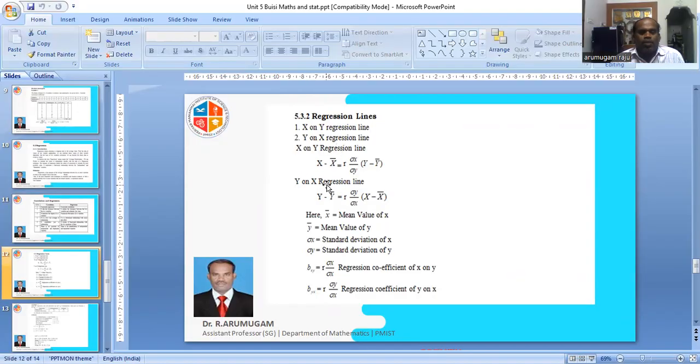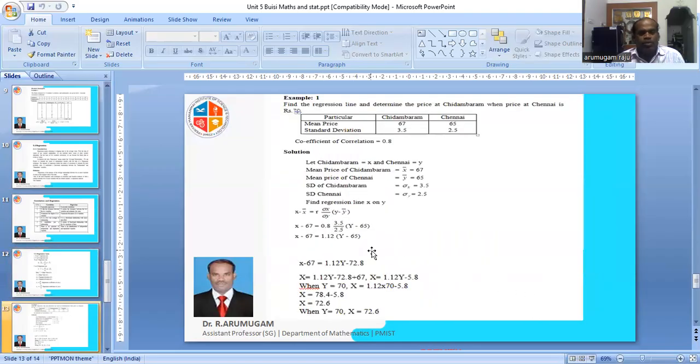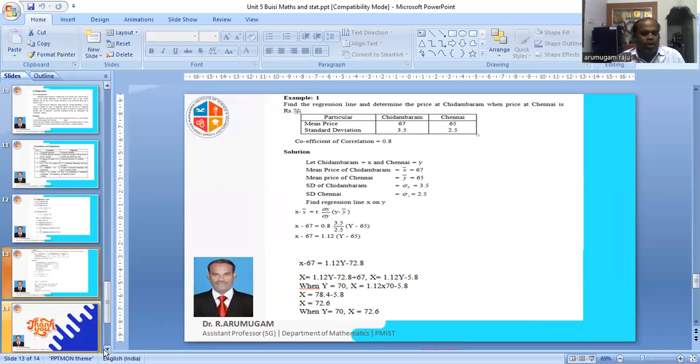Regression line x on y means x minus x bar equals r into sigma x divided by sigma y into y minus y bar. Similarly, regression line y on x means y minus y bar equals r into sigma y by sigma x into x minus x bar. This is a simple example for the regression lines x on y and y on x.